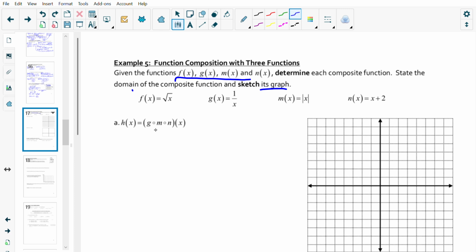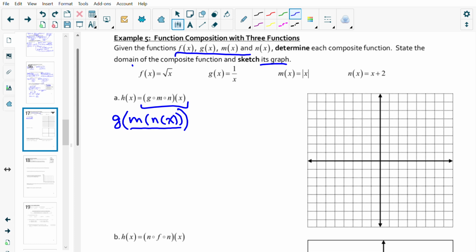All right. h of x equals g of m of n of x. So the way I like to think about this is, let's rewrite it like this, all nested. The first thing I'll do is figure out what m of n of x is.